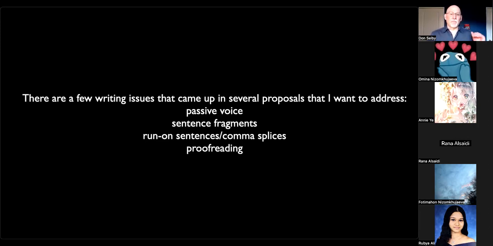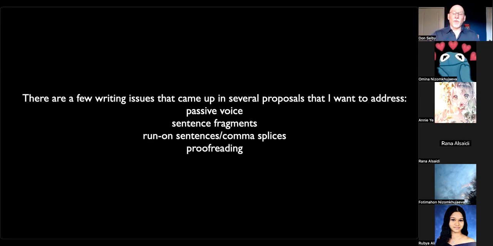So the thing is now how to make sure when you write your papers that you're writing the strongest possible papers. And so I want to try and get through a few of these things that come up frequently that can just get in the way of communicating as fully and clearly as you could be.